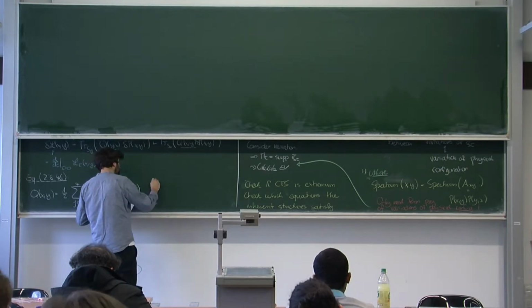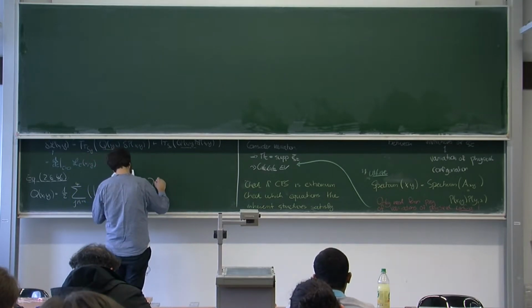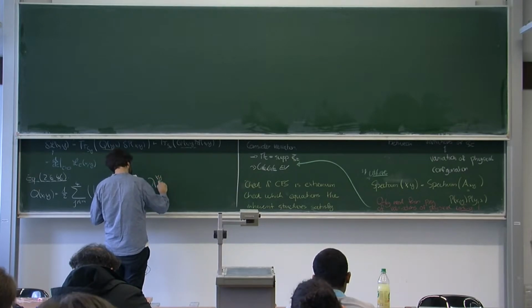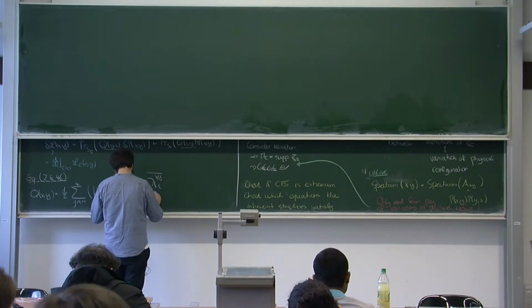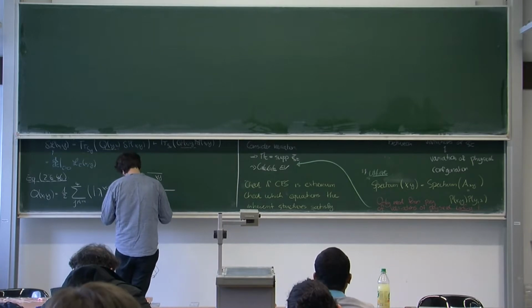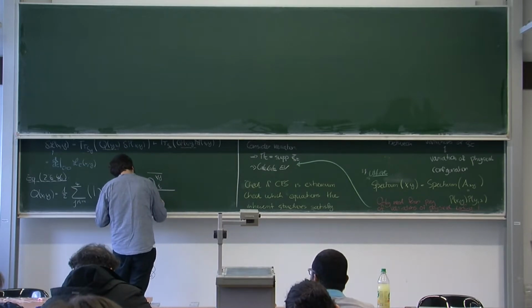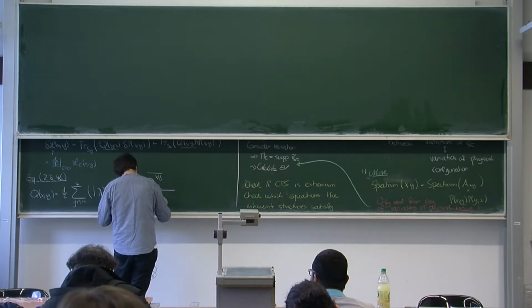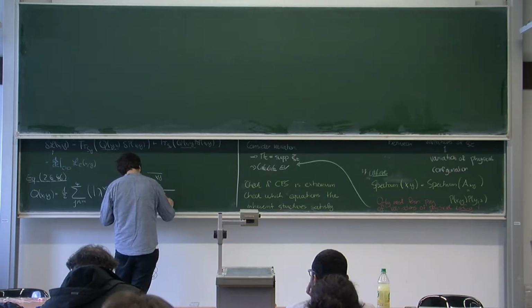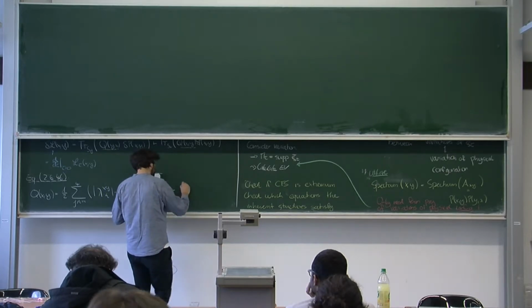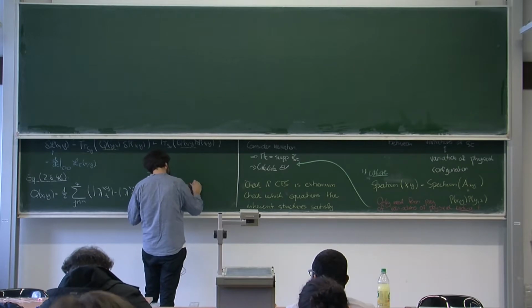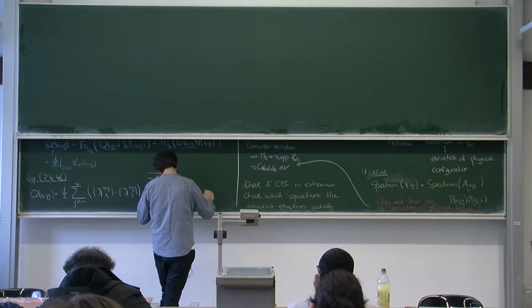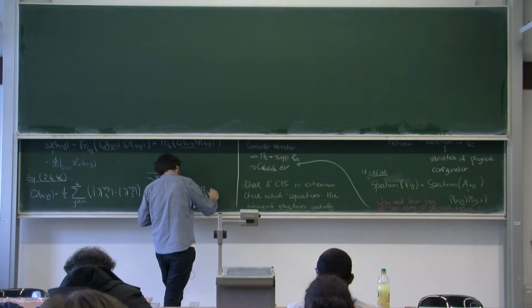Then you have lambda xy k and the complex conjugation of this, and I'll tell you why you need that in a minute. Then you have lambda k xy, then f xy k, and then you have P of xy.